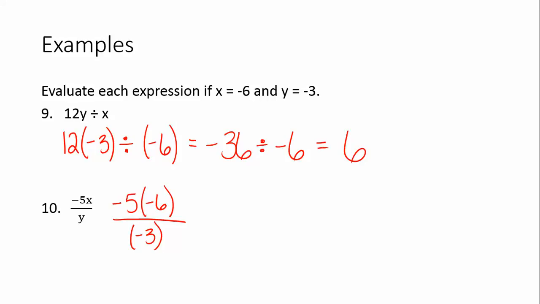So we do need to take care of that multiplication first, so that we can then divide by -3. So on top, -5 times -6 is positive 30, and we're dividing by a -3. 30 divided by 3 is 10, but because it's a positive divided by a negative, our answer is -10.